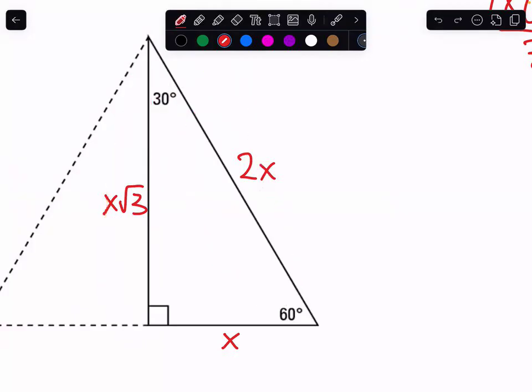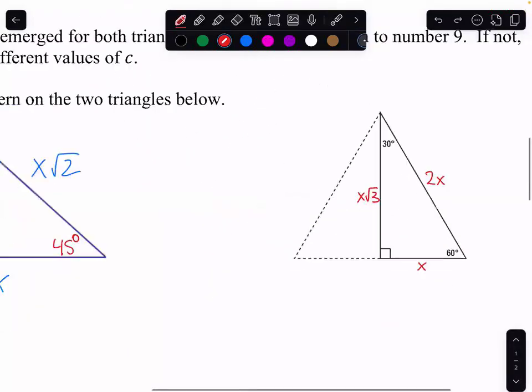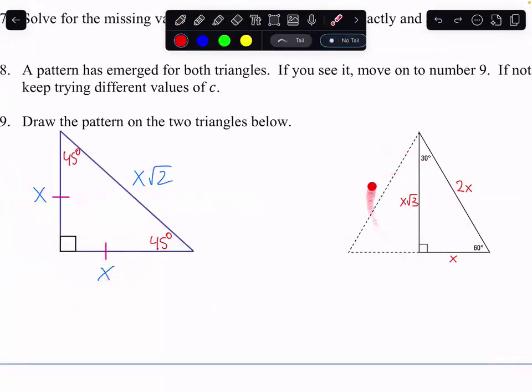The longest side is always opposite the right angle. Knowing these side length relationships will allow us to easily find the missing side lengths of any special right triangle.